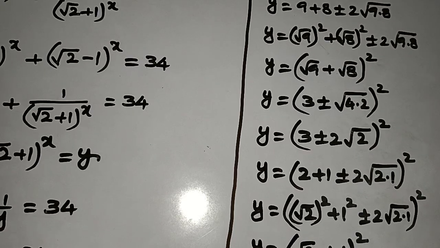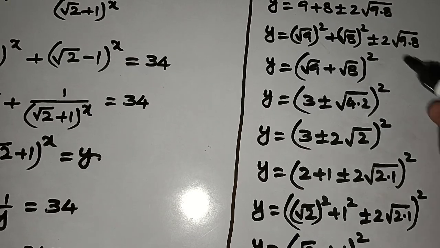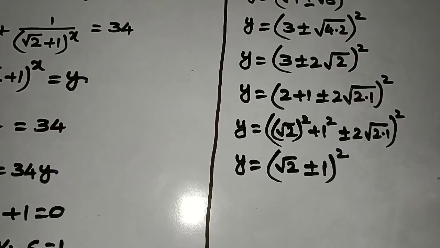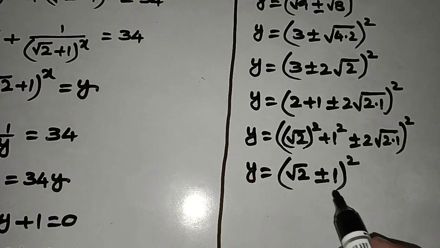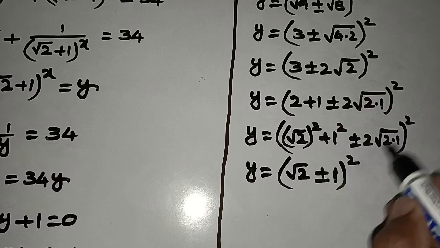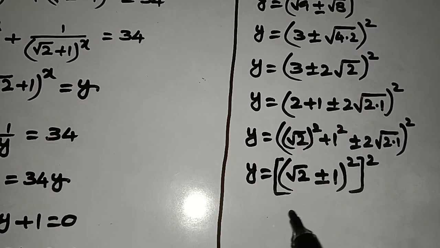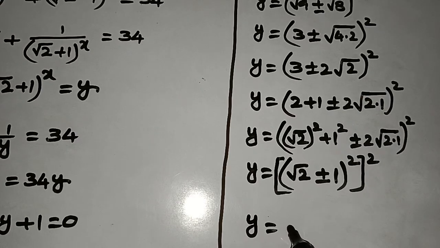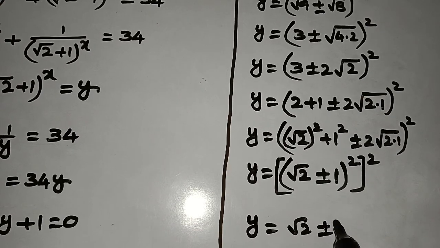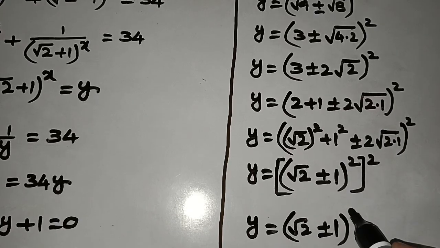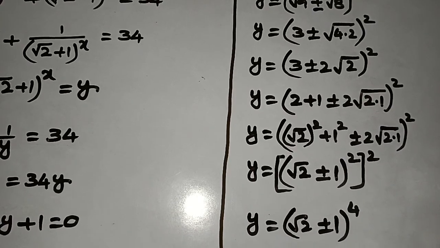So here we have plus or minus sign, so that I write it. So now y is equal to this whole square, and again the power of 2 is present for this. So here y is equal to root 2 plus or minus 1 whole to the power of 2, squares are present, I write whole to the power 4.